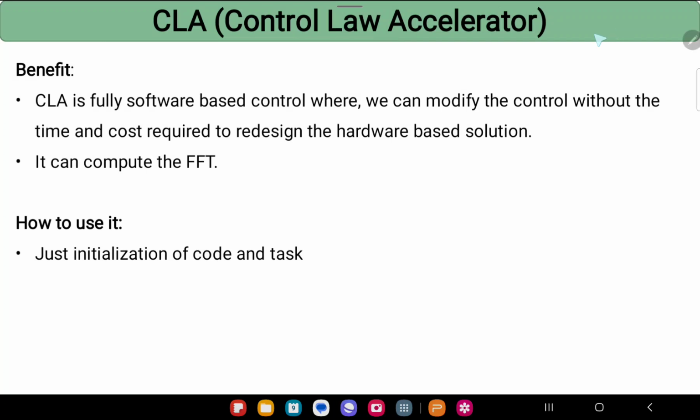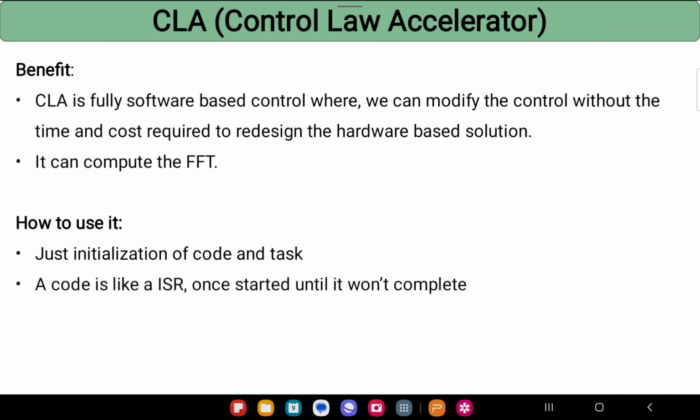In the ISR, one interrupt is generated, and that interrupt leads to the ISR. Whatever task is written in the ISR is executed first, and then it comes back to the main program. So it is the same kind of thing, but it is not interruptible.